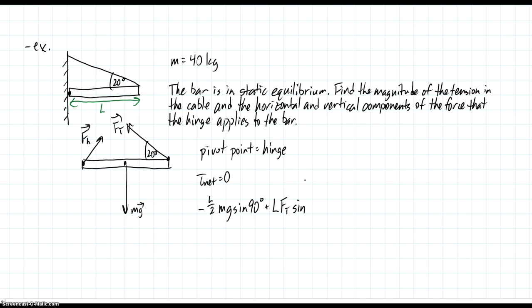The r vector here runs from the left edge to the right edge, and so the angle between that r vector pointing horizontally and the tension is 20 degrees. All of that must equal 0. Sine of 90 equals 1. And notice that we can factor out an L and cancel it. So the fact that we have not been given the length of the bar doesn't matter.